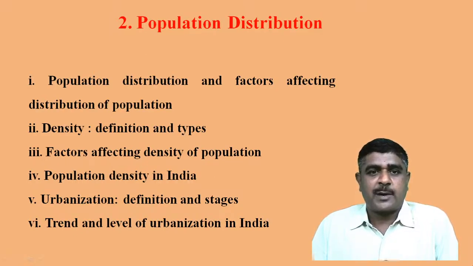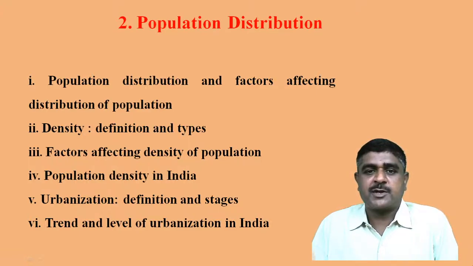Then topic number 2, population distribution. In this topic, we will study distribution of population in India and overall in the world, how according to space and time population is distributed over the world.